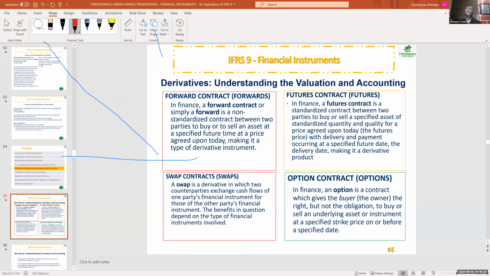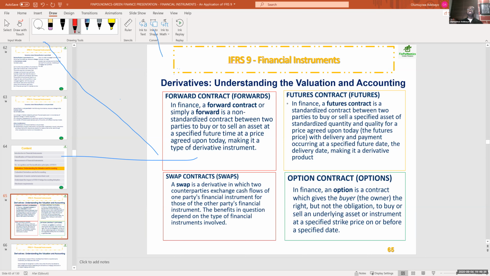But as time moves on, the movement in the underlying will determine whether it is a gain to you, which creates a derivative asset, or a loss to you, which creates a derivative liability. Whenever you evaluate your contract and it shows that you are making a gain, you are creating a derivative asset, which means you debit your derivative asset and you credit your gain on fair value of derivative, which is an income.